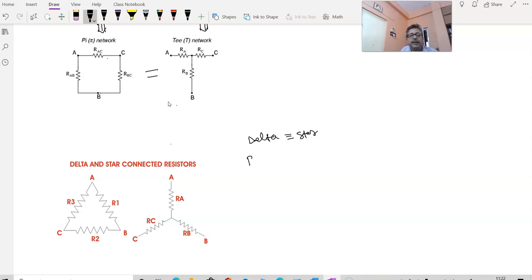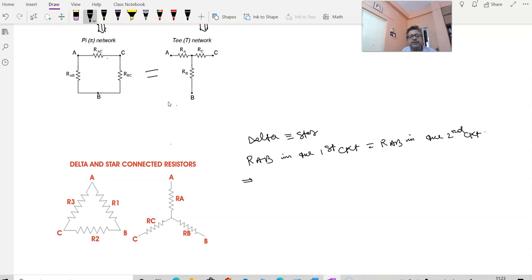RAB remains the same. RAB, the resistance RAB in the first circuit, equals RAB in the second circuit. What is RAB in the first circuit?